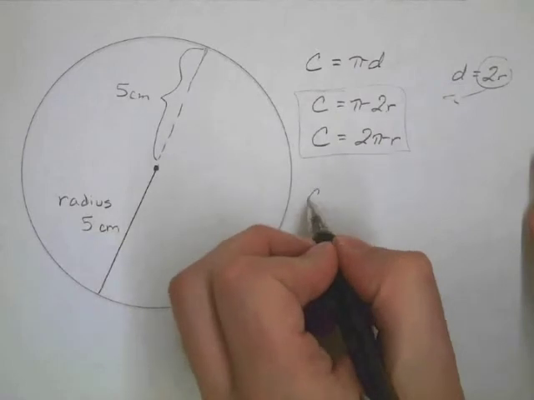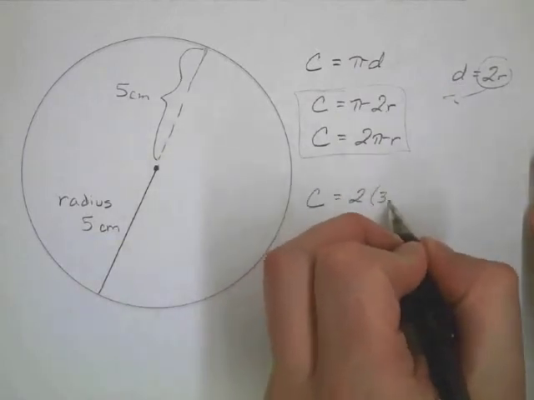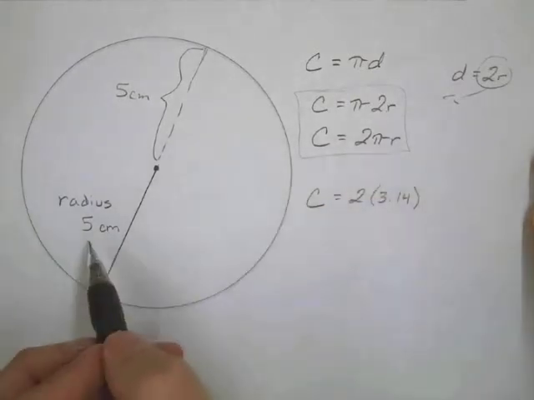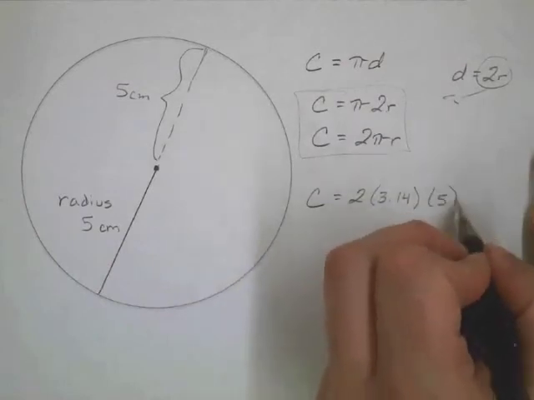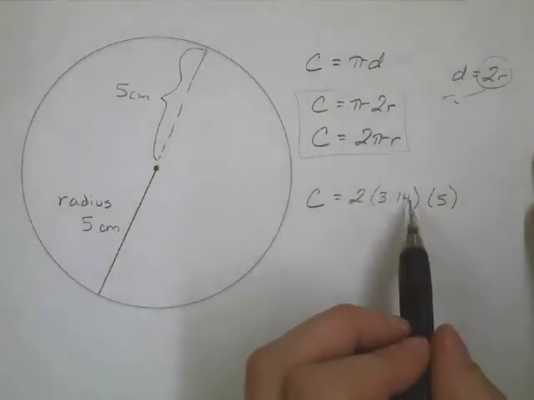So let's see what we have here. Our circumference is going to be 2 times pi, and we're going to use 3 14/100ths again for pi. And our radius, in this case, is 5. Again, because this is multiplication, I can do this in order.